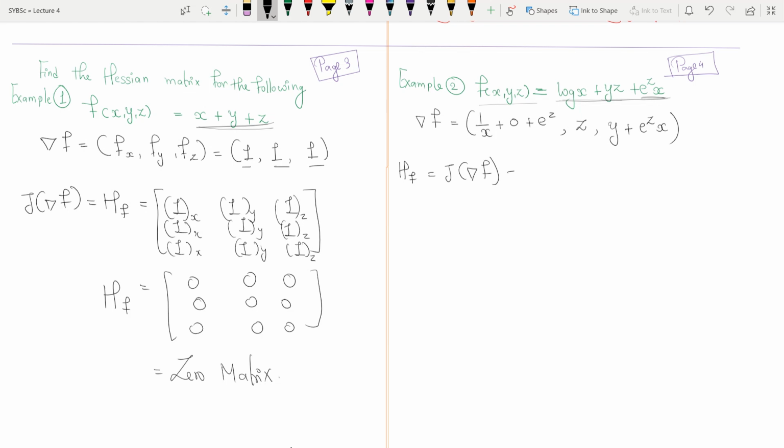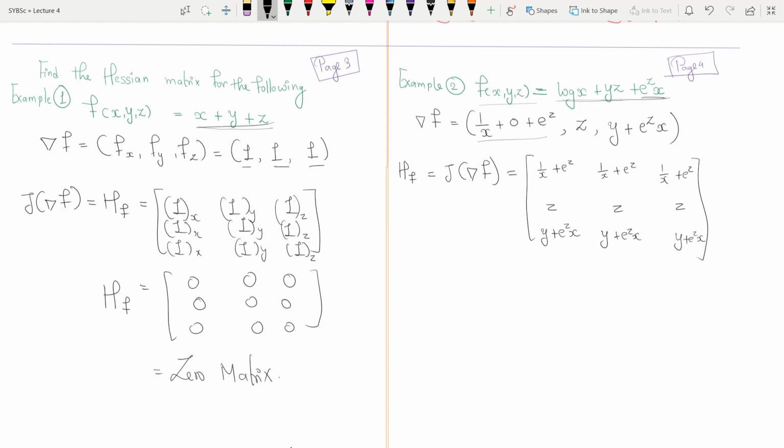I'll write the first row: 1 by x plus e raised to z, three times. On the second I should write z, z, z. On the third, y plus e raised to zx, three times.